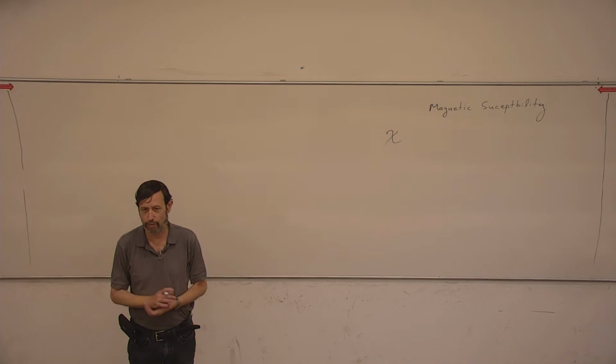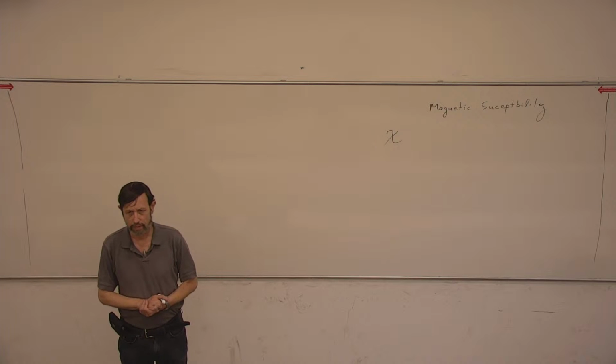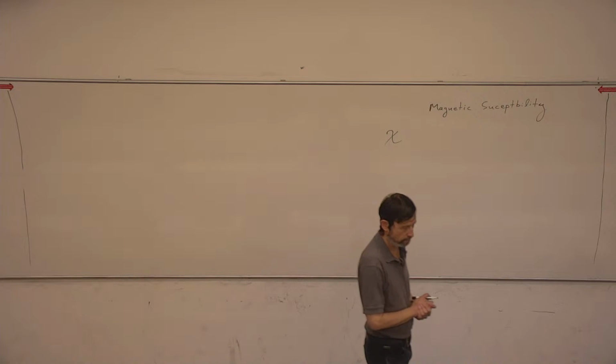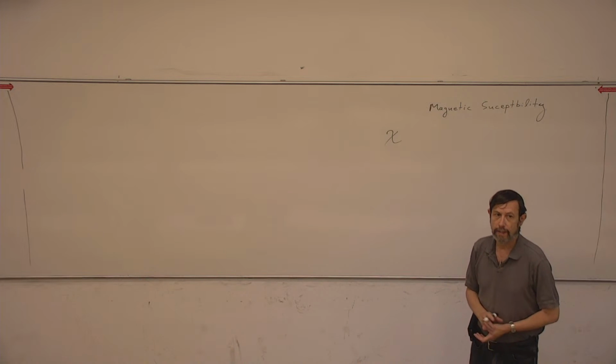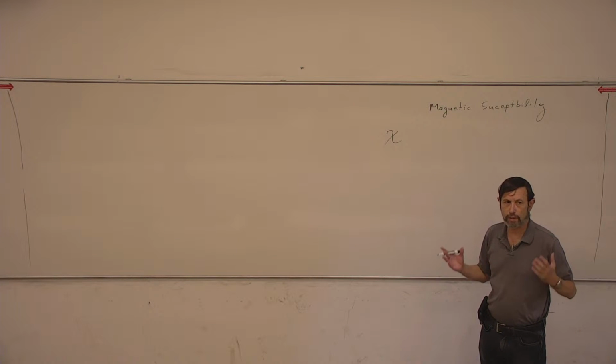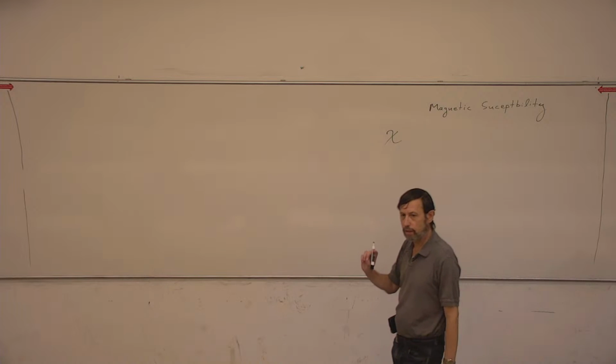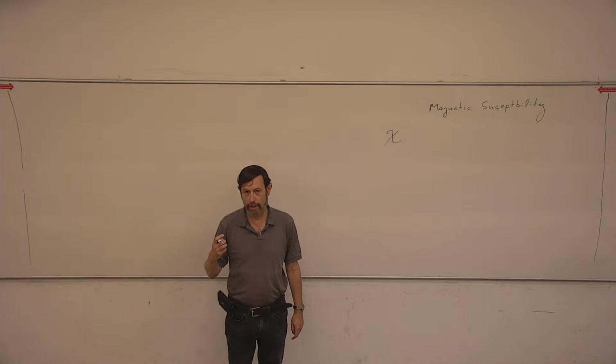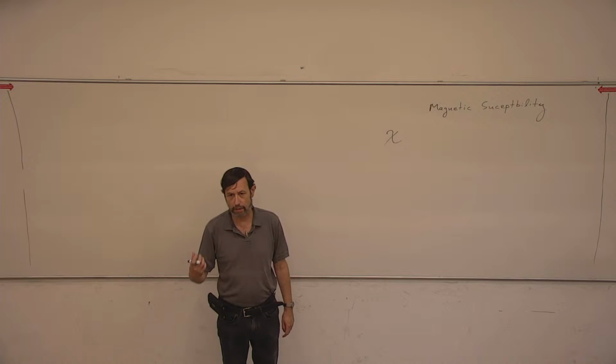I think it's relevant for linear materials, and it is some sort of a ratio between the magnetic field and the magnetic moment in something, right? Exactly. What susceptibility means is we turn on a weak magnetic field and see what is the response of the system to this magnetic field.